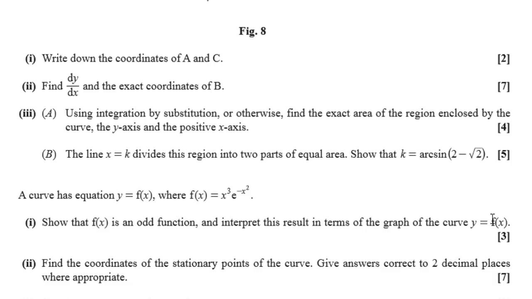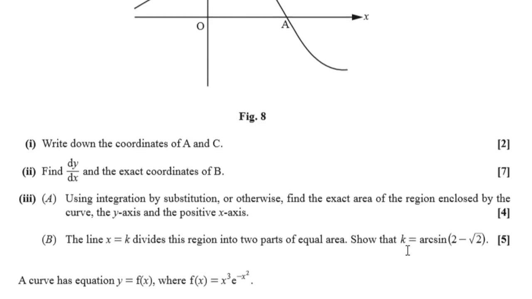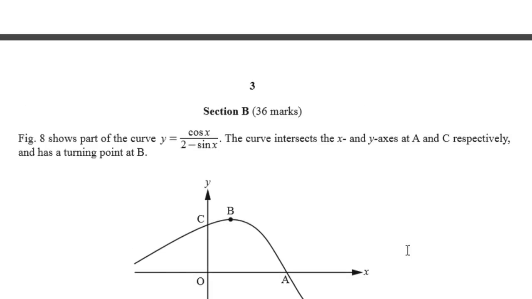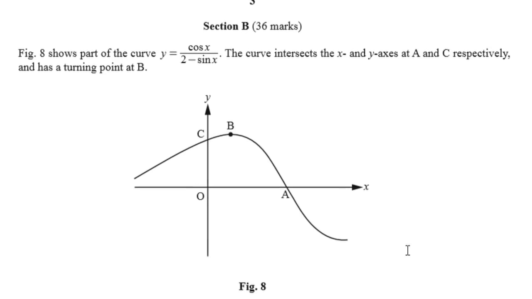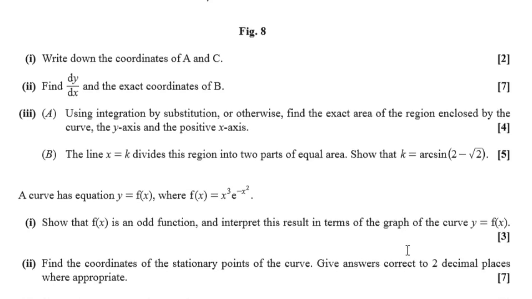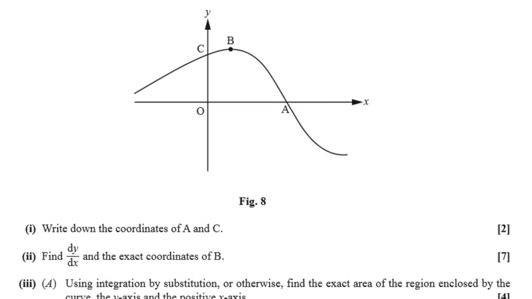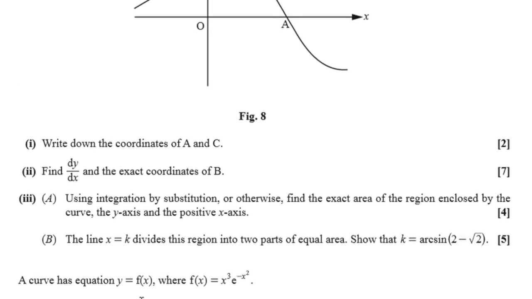In conclusion, this Core 3 paper is not the easiest paper. It's definitely doable. Section B is relatively straightforward, I'd suggest. Maybe sketching the curve for question 9 might be a little bit more challenging if you didn't find the types of stationary points.